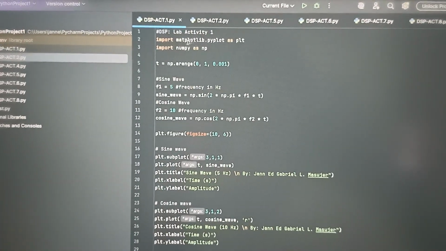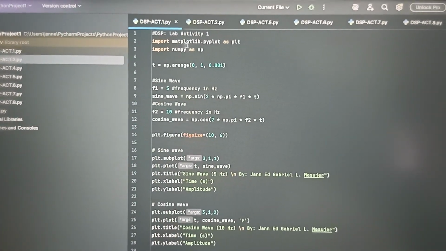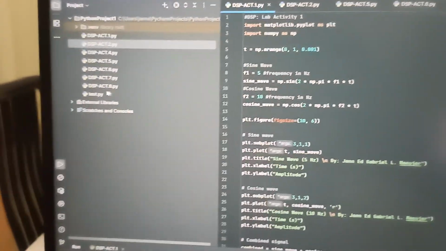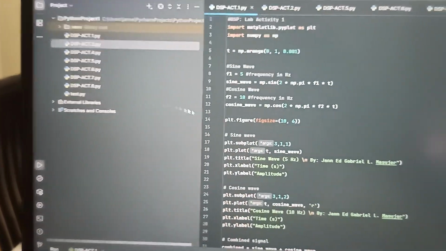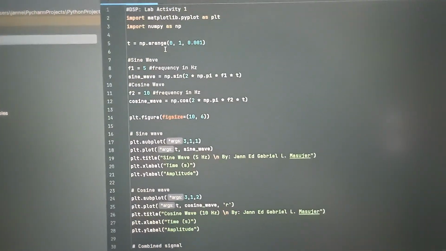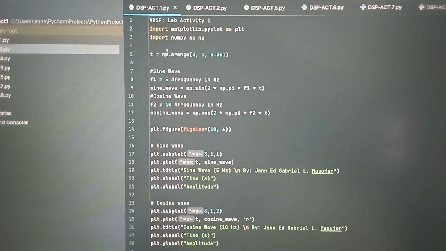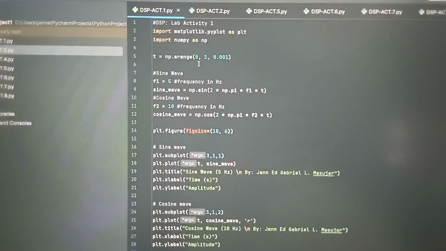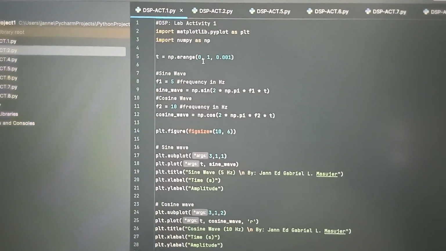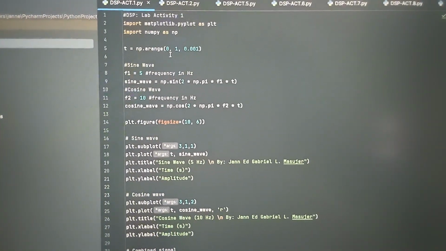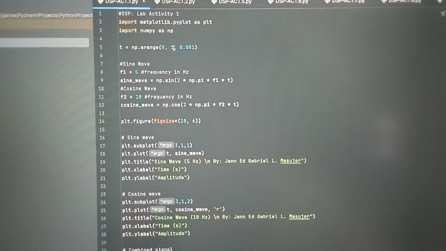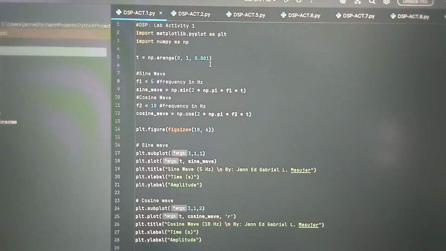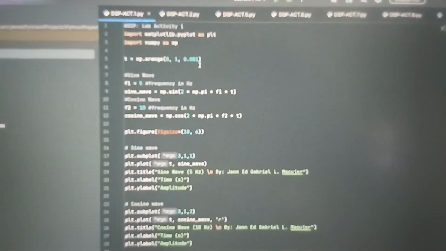So let's start off. What is the import? Import numpy. These are two libraries that can be downloaded from the library section here in Python. So what is t equals np.arange within the parentheses of 0, 1, 0.001? 0 is actually the start, 1 is the stop, and 0.001 is the increment, or how fast it would generate.